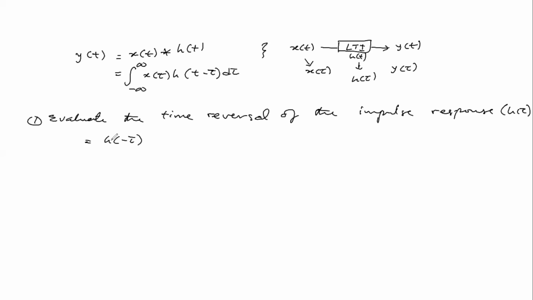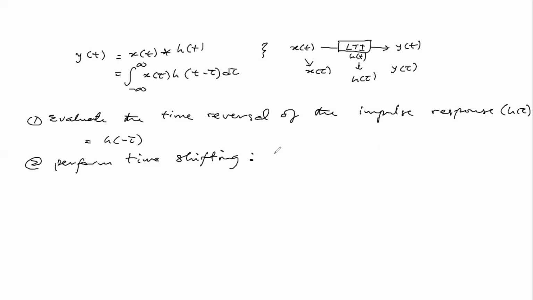Okay. So once that is done, we will now do time shifting. The next point will be to perform time shifting on this time reversed component. So what's going to happen if we perform time shifting?